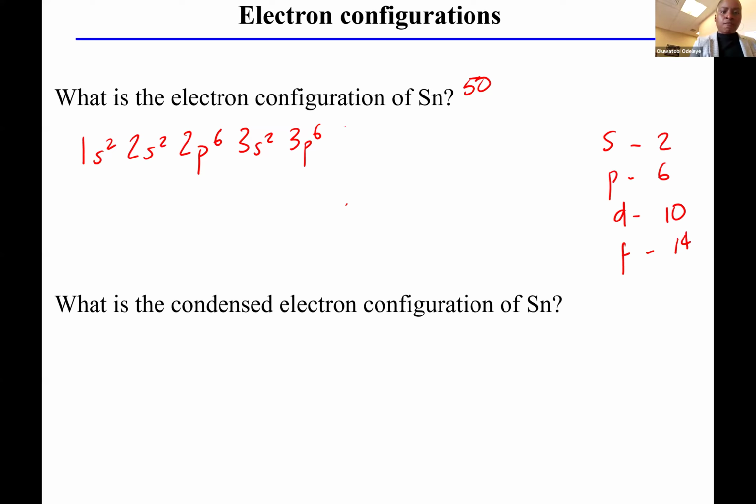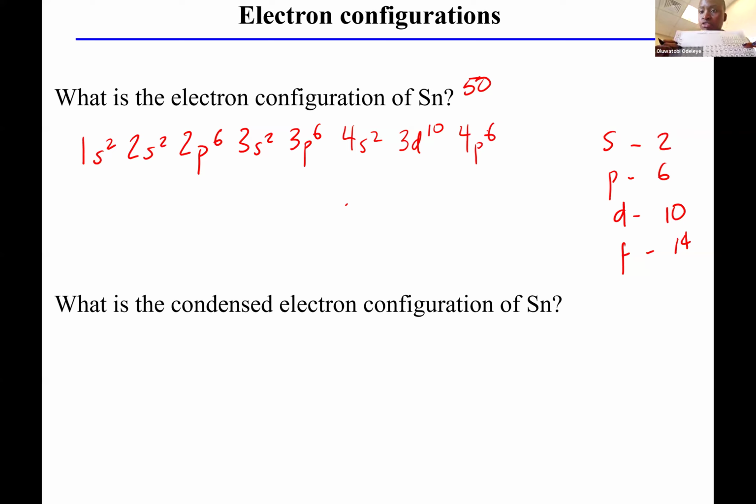3p6 and then 4s2. And once I hit the 4s, I'm actually hitting my d orbitals, and that's 3d10. And then to 4p6. So essentially what I did here was, hopefully you guys can see the periodic table, potassium and calcium, that's my 4s.